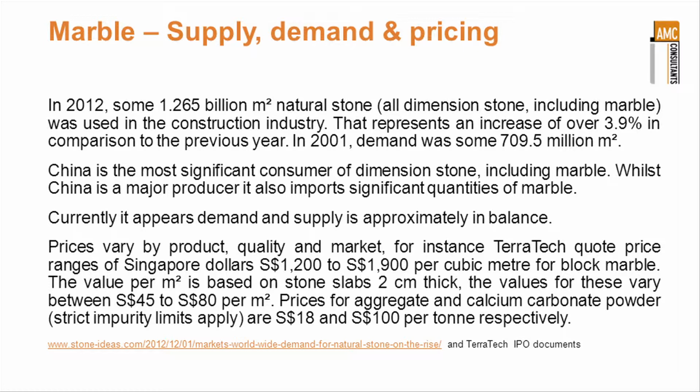Because the prices for aggregate are $18 to $100 per tonne respectively, depending on whether it's aggregate or calcium carbonate feed. So there's quite a range of prices. It's not just one price for marble, the price is very product and use specific.